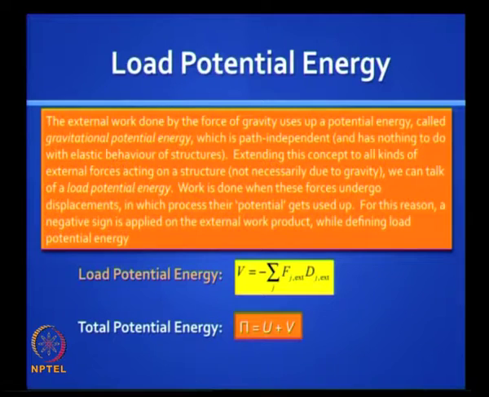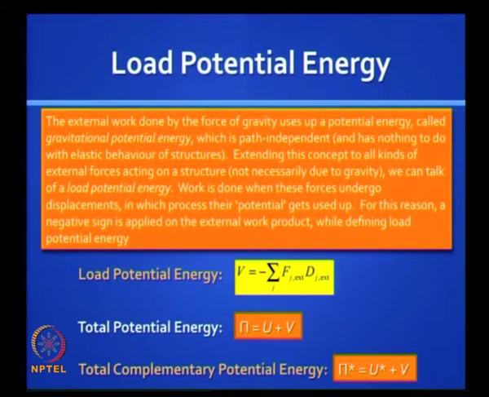Mind you, U is always positive, U can never be negative, and V is negative. Is it clear? So we actually talk about the changes in capital pi, and whether it changes or not we will see in the next slide.